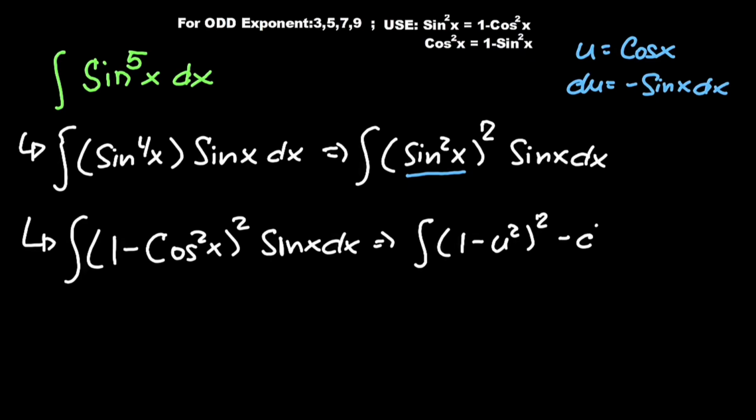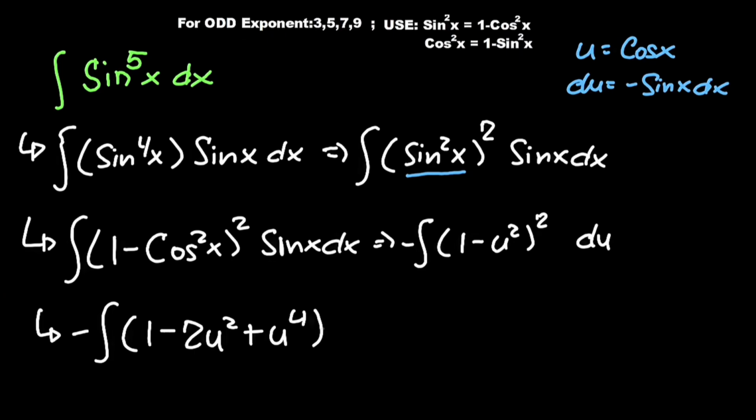This would be negative du. Just put negative sign outside the integral. And so, next step would be to expand this expression. So this would be 1 minus 2u squared plus u to the power of 4 du.